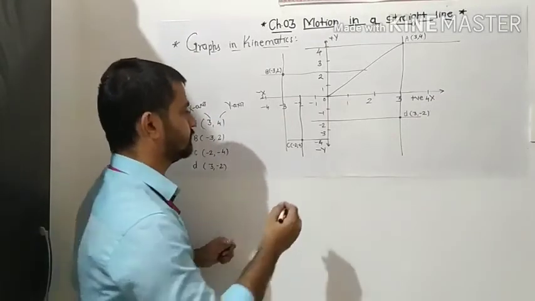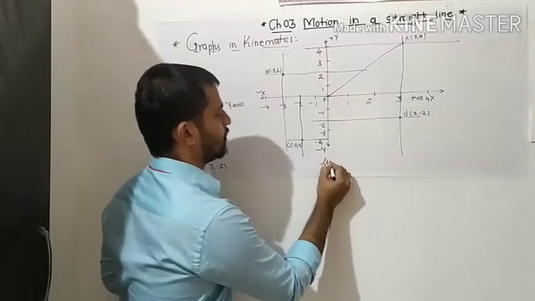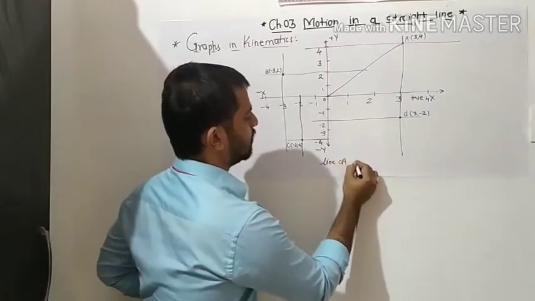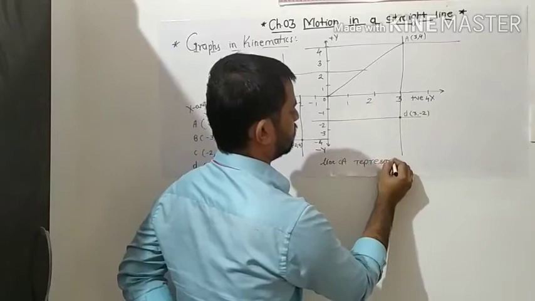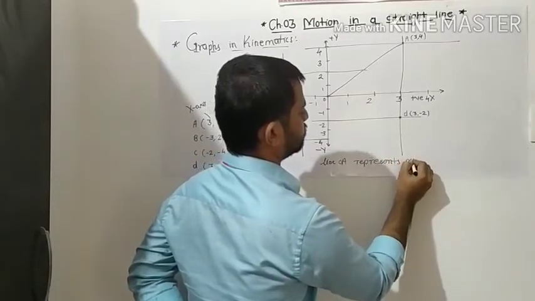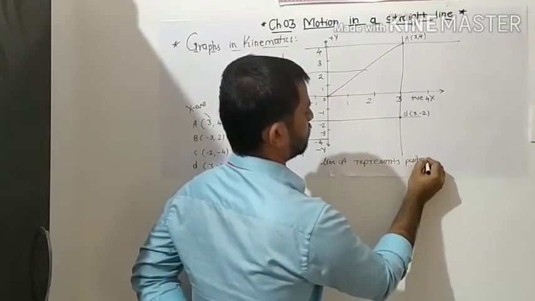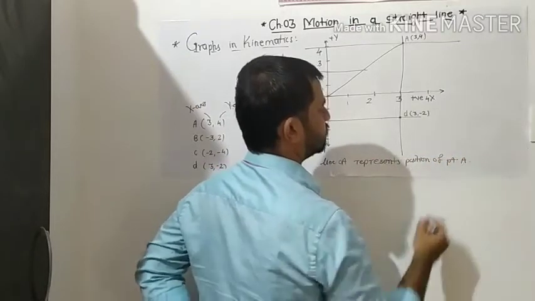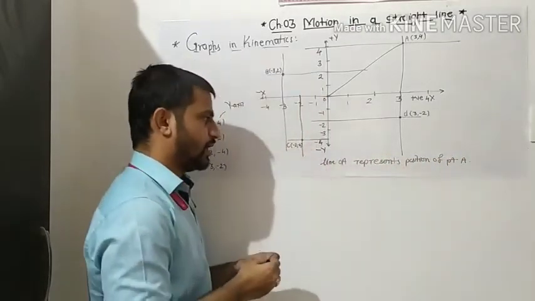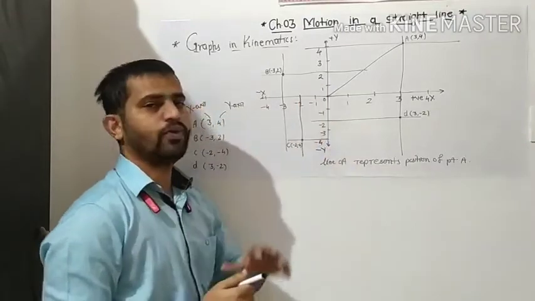The line OA represents the position of point A.